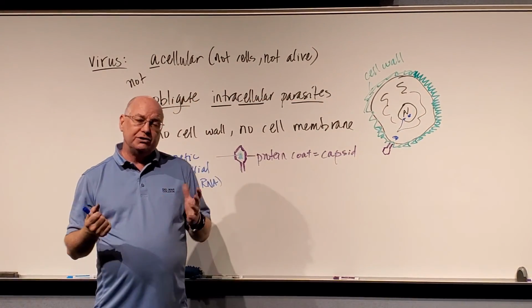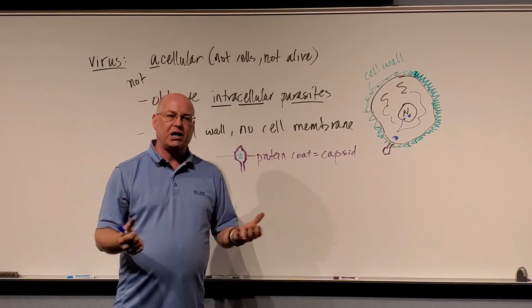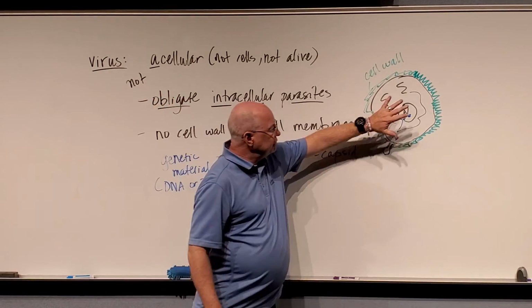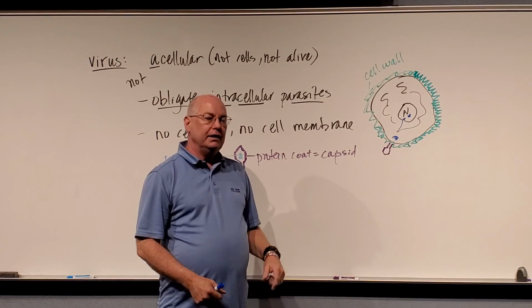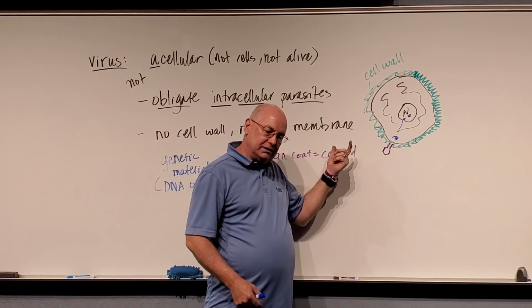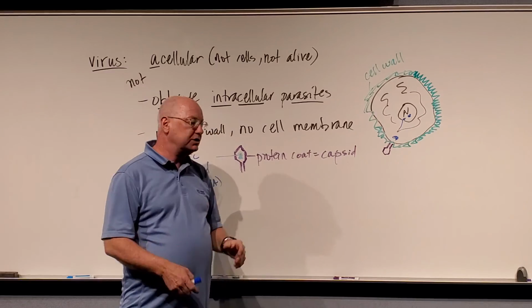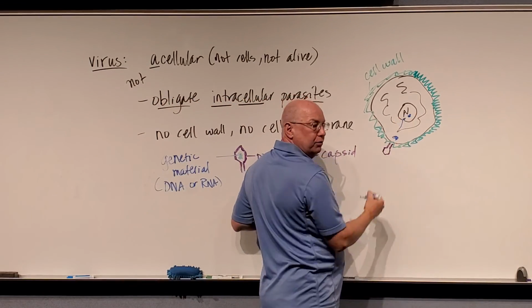And really what happens is a lot of times viruses kind of hijack a cell. They shut the cell's ability off to make its own proteins from its DNA, and then they synthesize the enzymes or stimulate the cell to replicate the viral DNA.